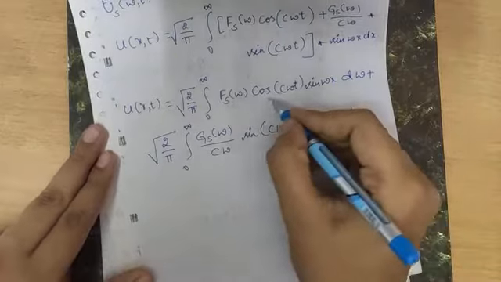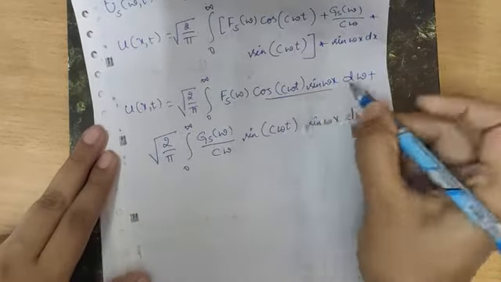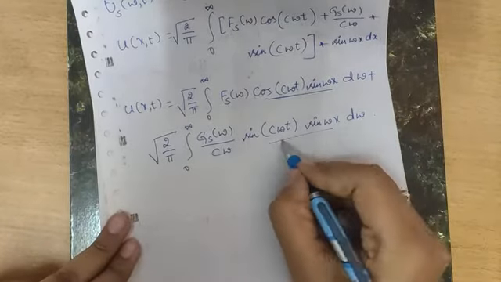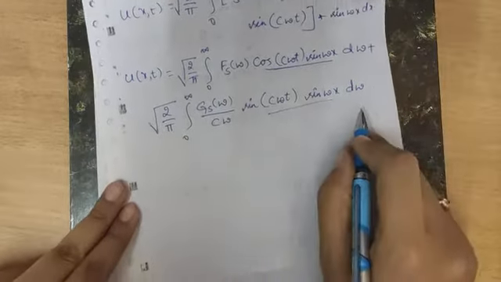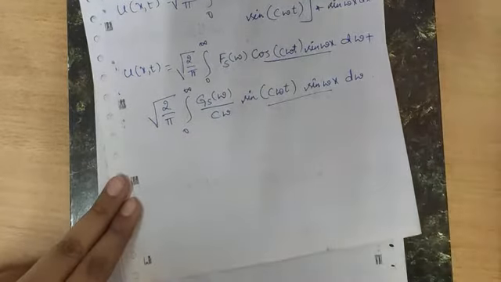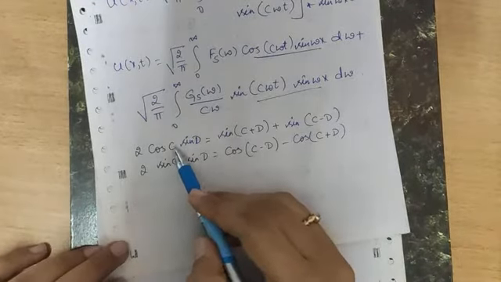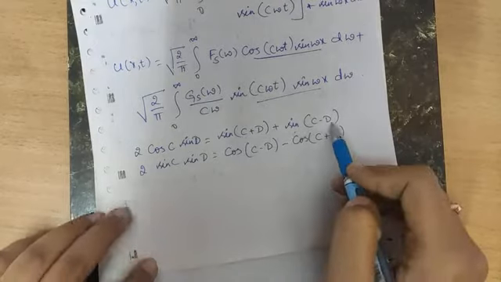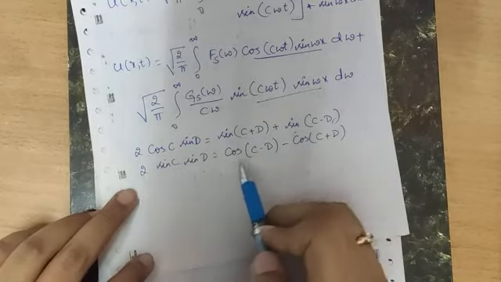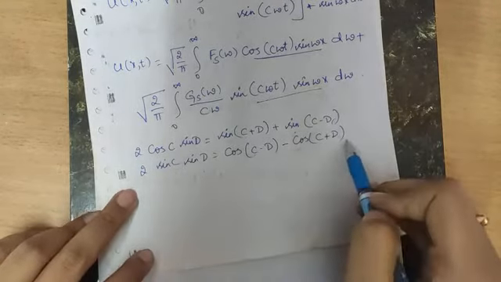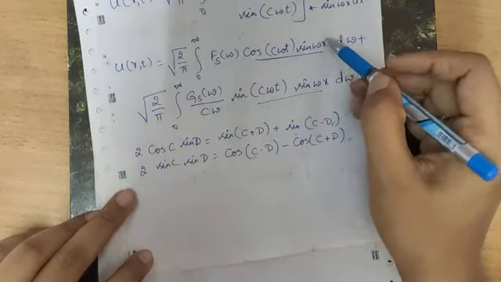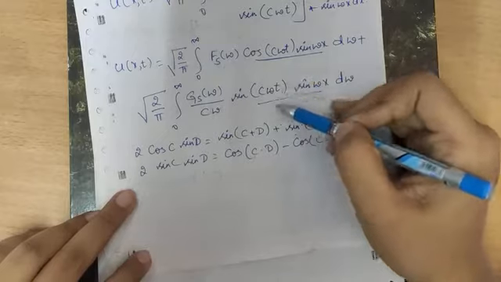Here you can substitute the cos C sin D formula and the sin C sin D formula. The formulas are: cos C sin D is equal to 1/2 [sin(C+D) plus sin(C−D)], and 2 sin C sin D is equal to cos(C−D) minus cos(C+D). Use these two formulas and substitute the corresponding values.